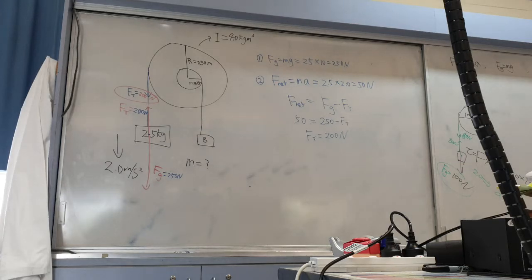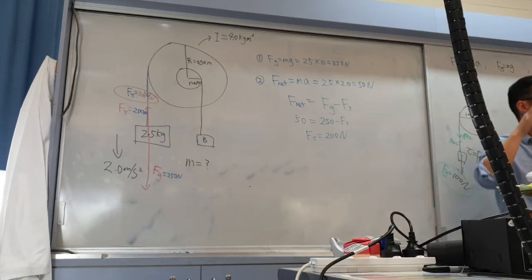Not all of its gravity is going to be used to pull this thing down. Some of it is going to make the object accelerate. Once it accelerates, the tension force is actually going to become small. And the tension force could be bigger than gravity as well, if the object is rotating the other way.